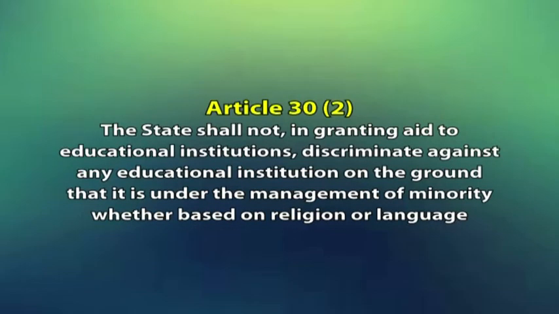Clause 2, the state shall not, in granting aid to educational institutions, discriminate against any educational institution on the ground that it is under the management of minority, whether based on religion or language.